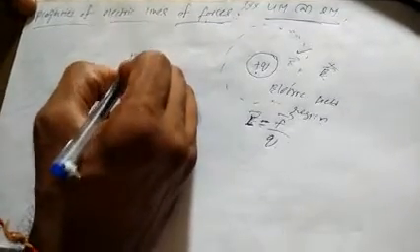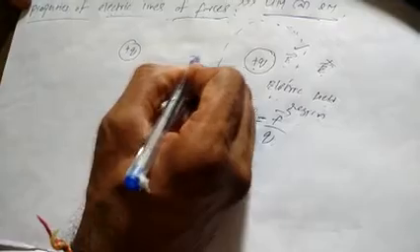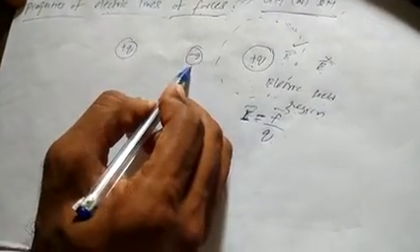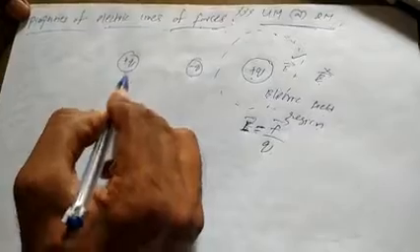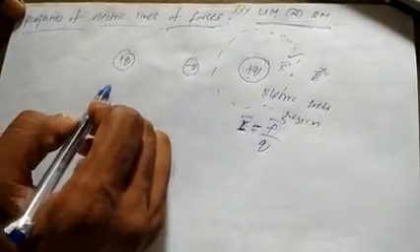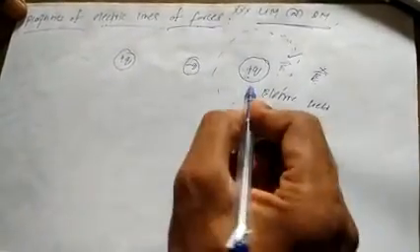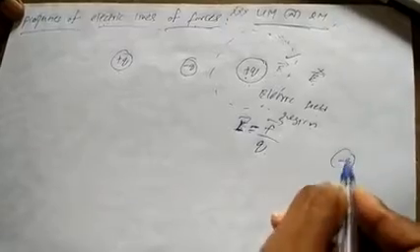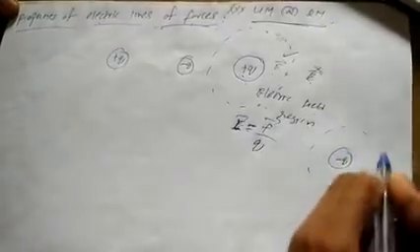Now coming to electric lines of forces. This is a very important topic. Now, if you have one positive charge and one negative charge, we know that around the positive or the negative charge, some electric field is present.